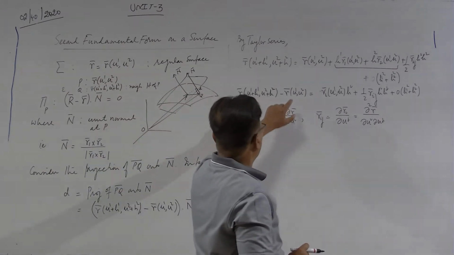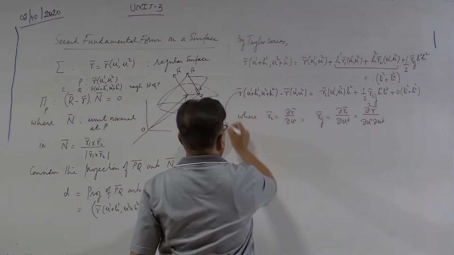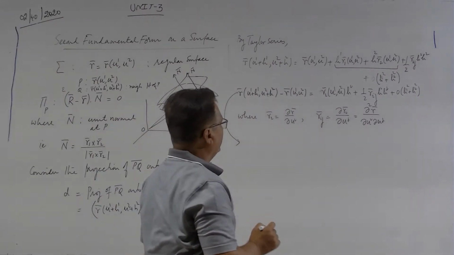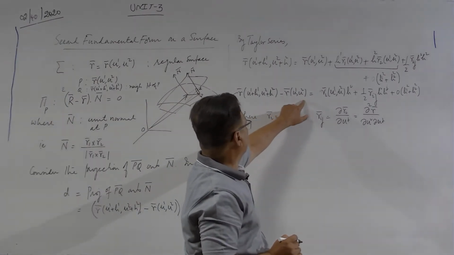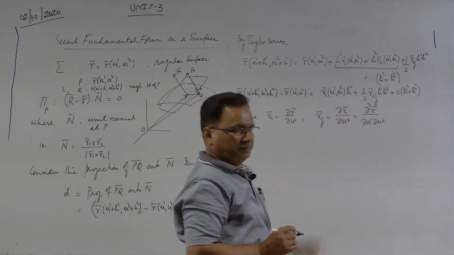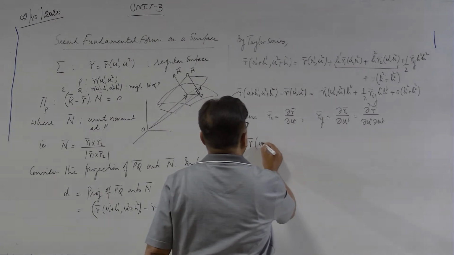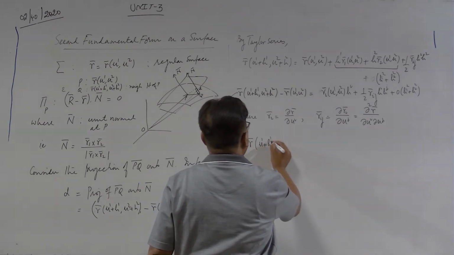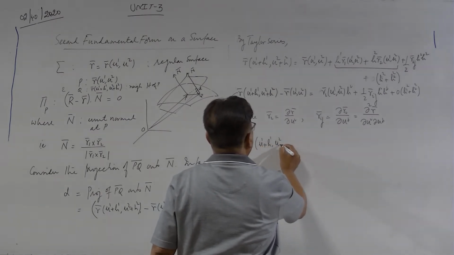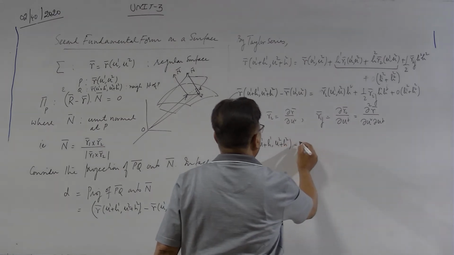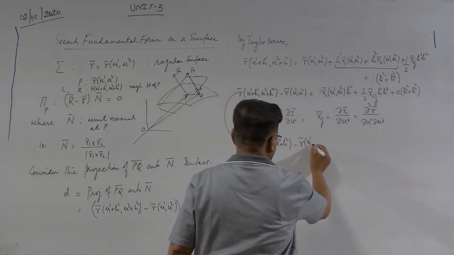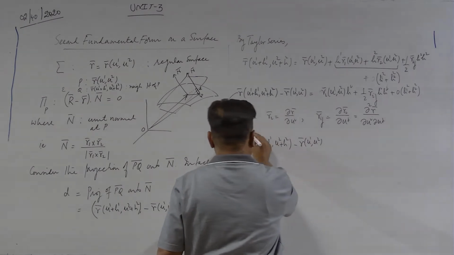Okay. Now, let me rewrite this series. Next we will take the dot product with n on both sides. So, taking the dot product with n on both sides, the above equation will become r(u1 + h1, u2 + h2) - r(u1, u2) dot n.